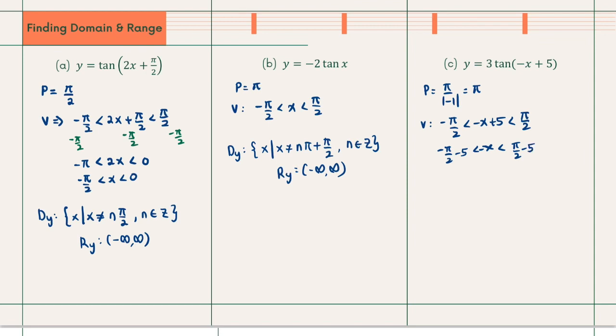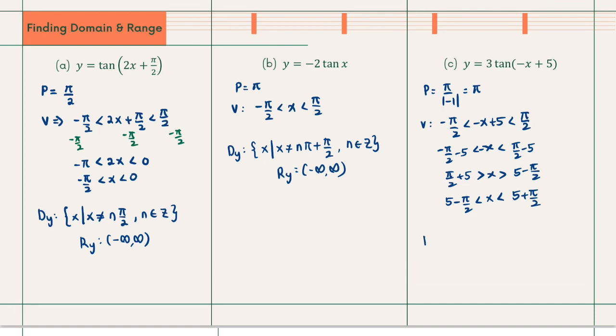And then, bila kita bahagikan dengan negative 1, so kita dapat pi over 2 plus 5 greater than x greater than 5 minus pi over 2. So, rearrange semula, kita dapat 5 tolak pi over 2 less than x and less than 5 plus pi over 2.